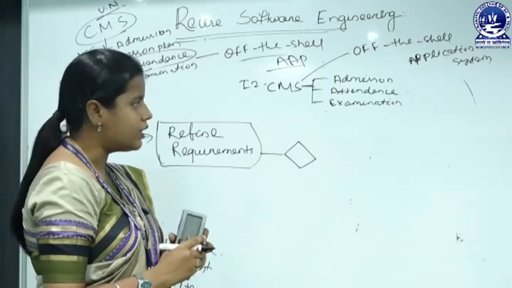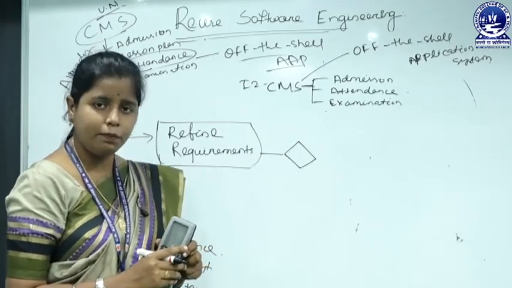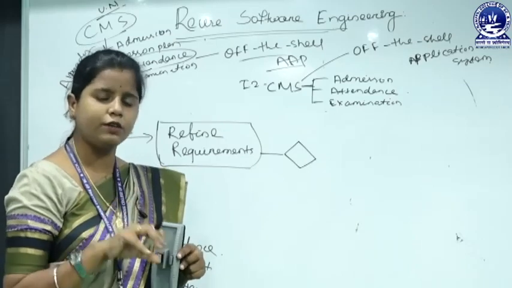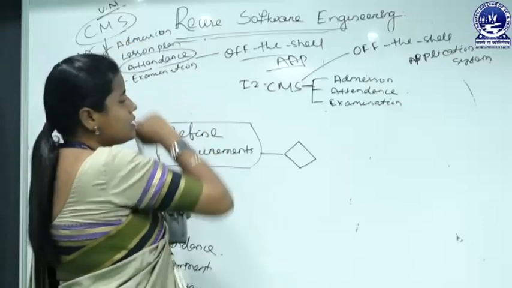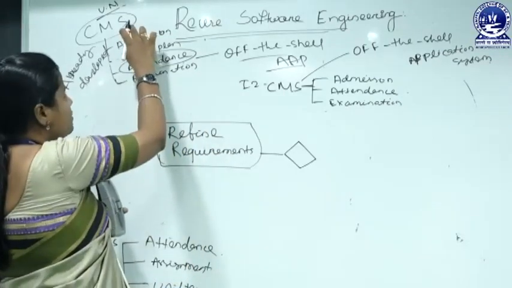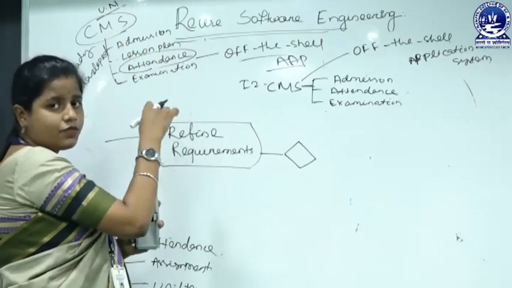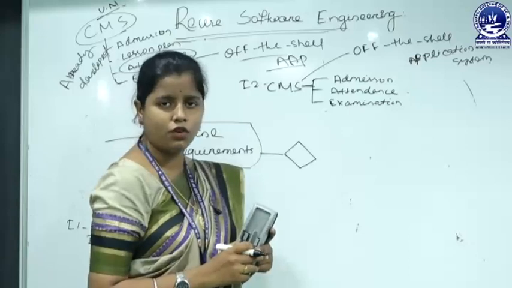Here we have to decide whether the application system is available. If it is available, then we have to configure that application software. We just need to change. Here CMS is what? College management software, and here the college management software has extra functionalities, that is lesson plan, but here the lesson plan is not required.